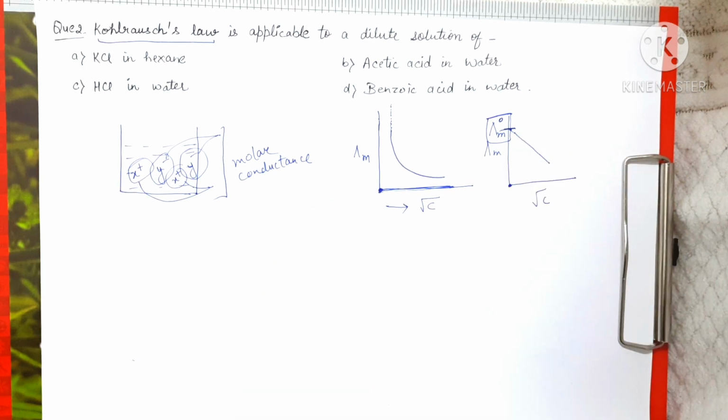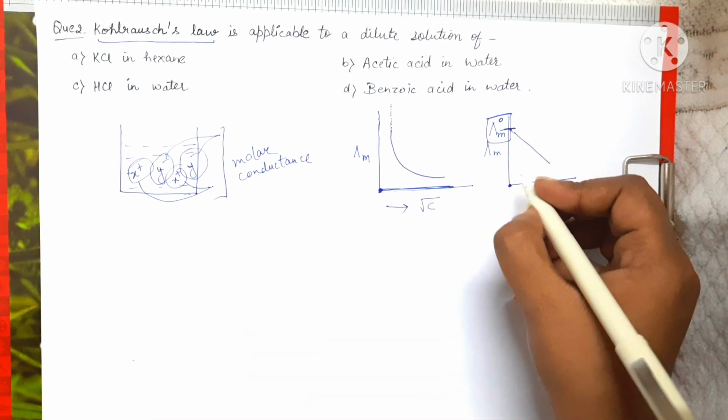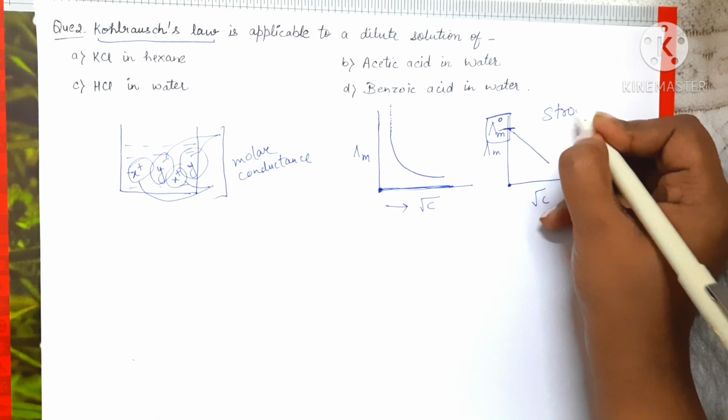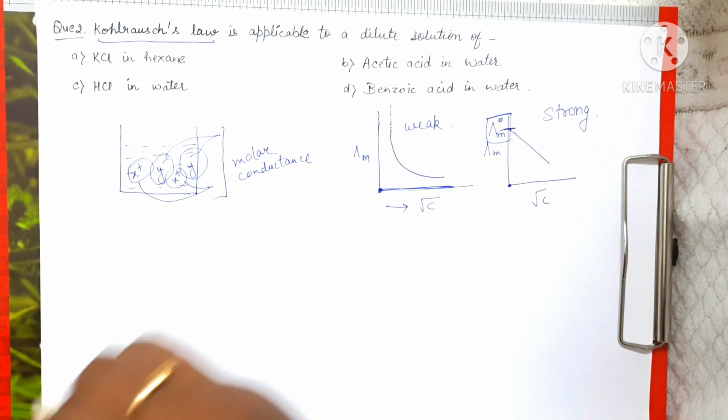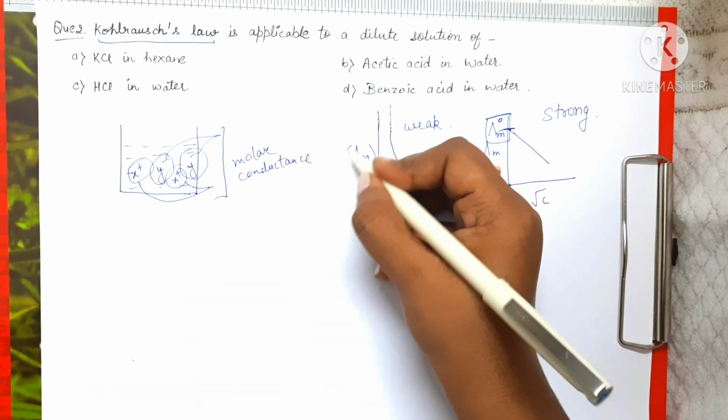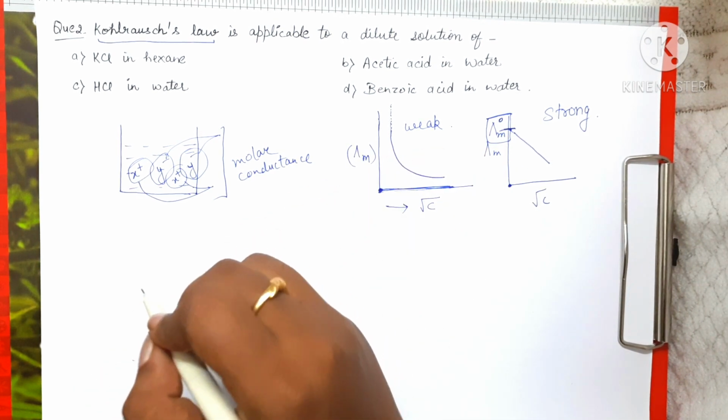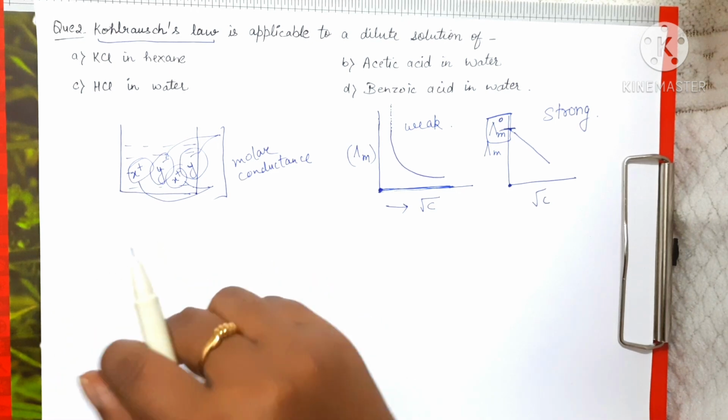This point will give the value of lambda naught m. But this is only for strong electrolytes; for weak electrolytes, we are not able to find the molar conductance at infinite dilution. So this is basically Kohlrausch's law.